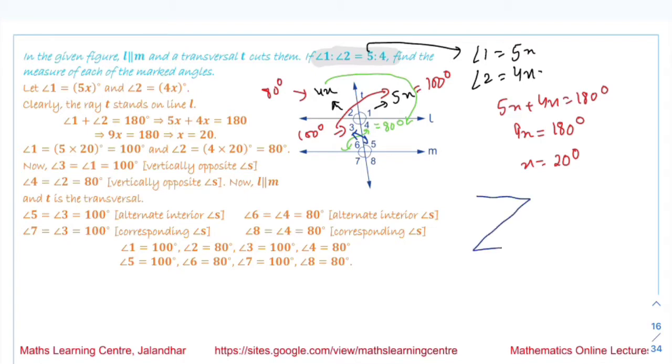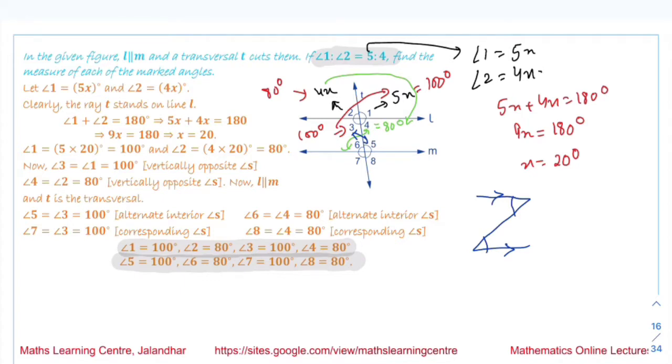These are two parallel lines, so these two angles are alternate interior angles. Likewise we can calculate the value of all other angles. In the answer you will get that angle 1 is 100, 2 is 80, 3 is 100, 4 is 80, 5 is 100, 6 is 80, 7 is 100 and 8 is 80 degrees.